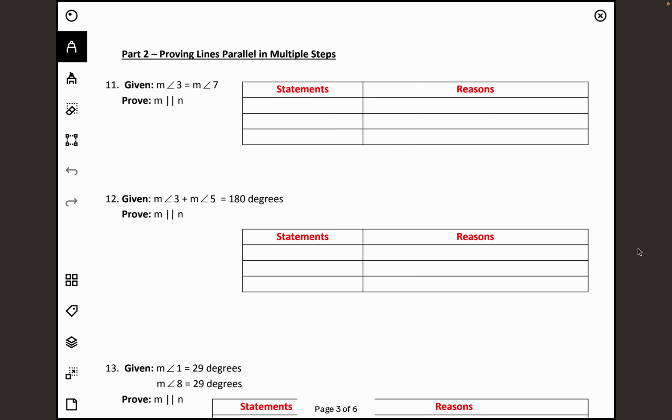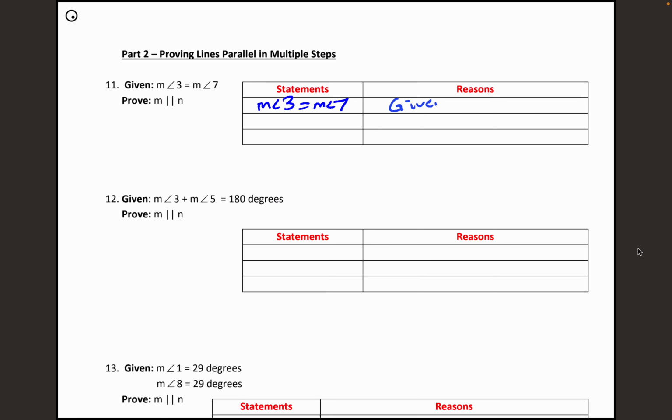Let's go ahead and look at 11 and 12 together. Now, in order for us to prove that two lines are parallel, the angles have to be congruent. So let's fill in what we automatically know. The measure of angle 3 equals the measure of angle 7, and that's given.